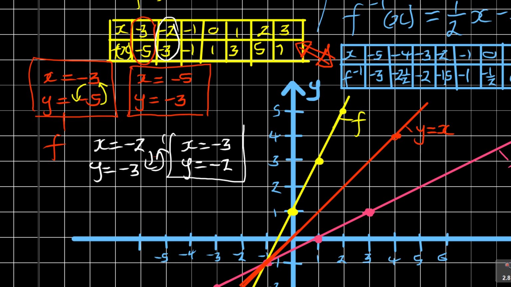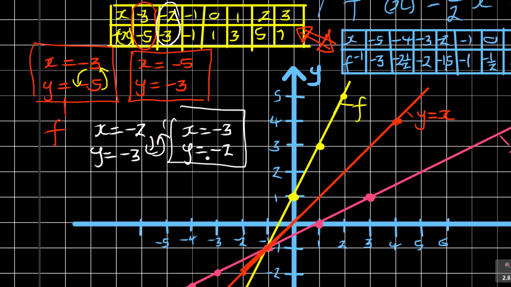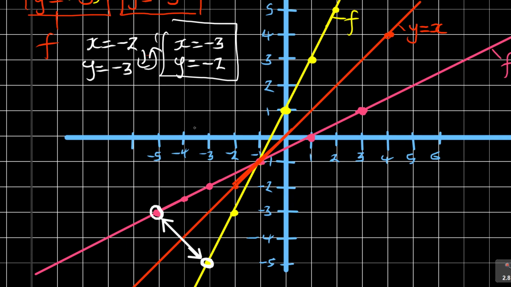Let's go to -2, -3, the first one. When x is -2, y is -3. There is a point there. And the other one is -3, -2. There is a point there. And then again I say, take note of that.